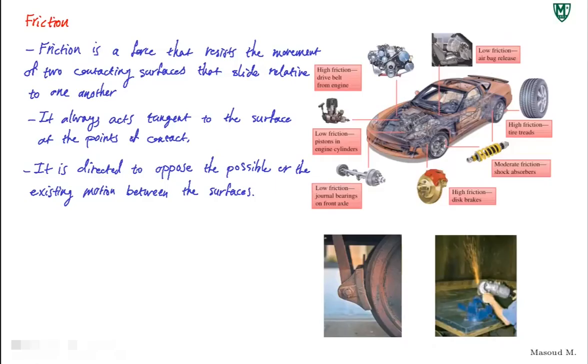Now, I brought this figure here because I wanted to give you some idea about whether we want friction or not. Friction is a kind of force that actually takes the energy out of the system, and it converts the energy into noise or heat. A good example is when you're rubbing your hands together. You start hearing a sound.